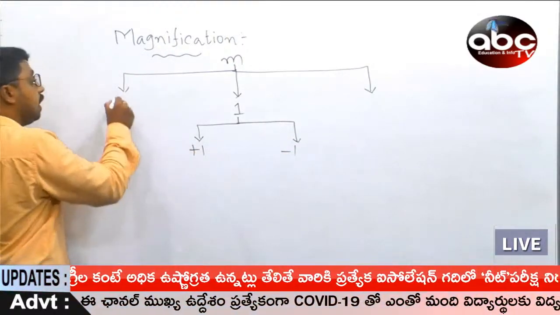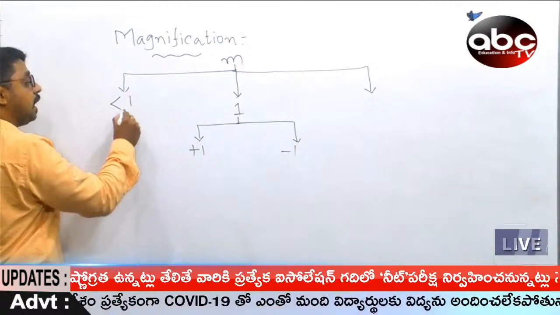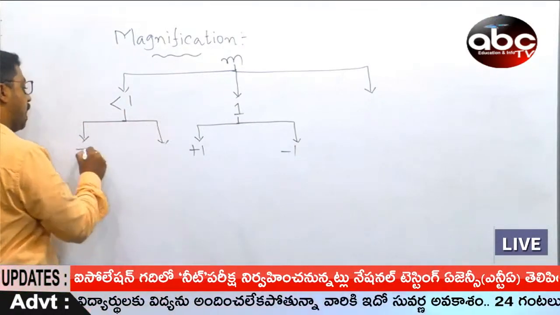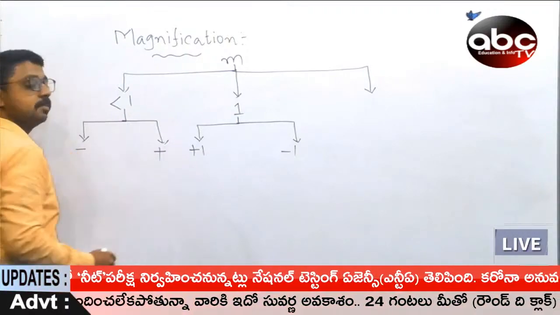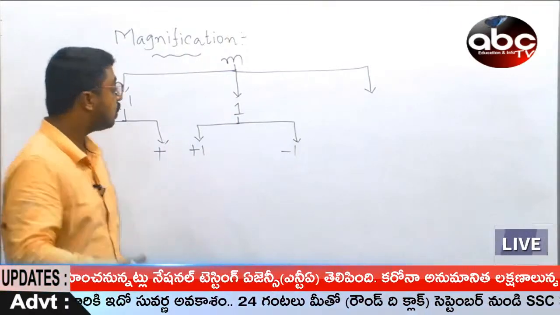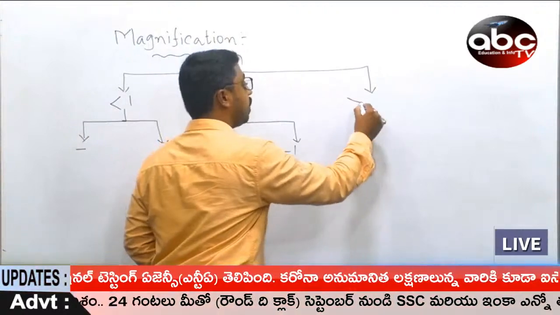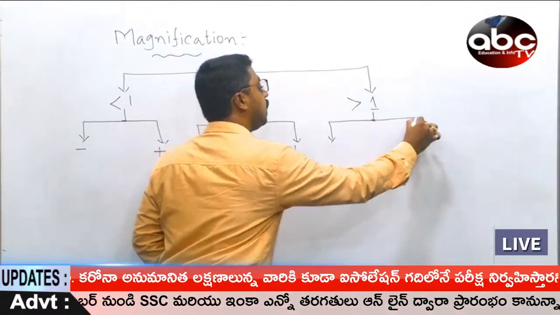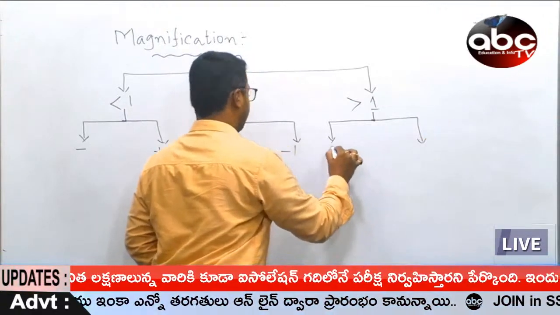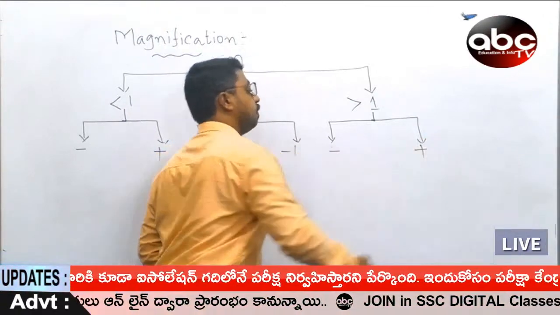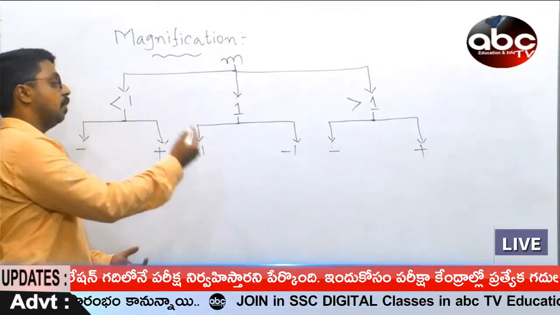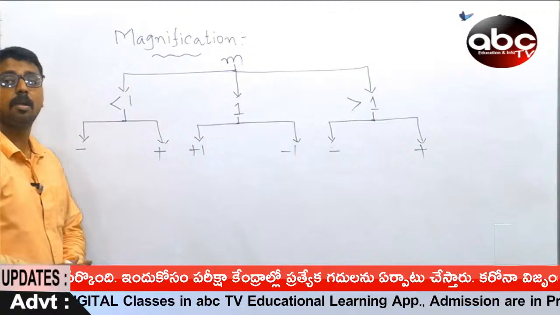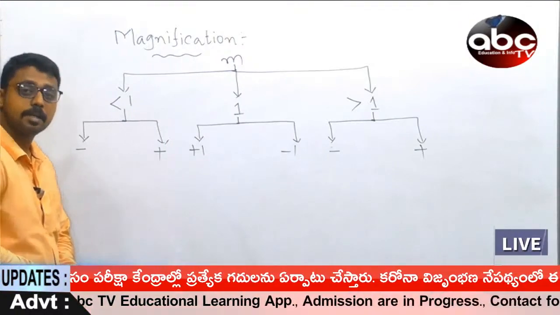And again, it is less than 1, and even here it is bifurcated into minus and plus. The third one is greater than 1, which can also be resolved as minus or plus, positive or negative. So what are we going to discuss here? Just a simple logic.